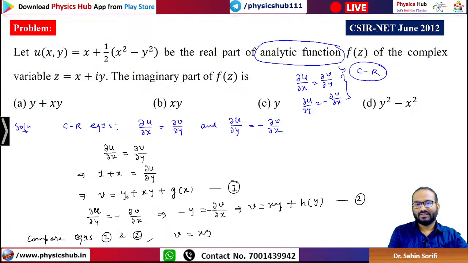Here it says that y will come, and here it says that there will be something which is a function of y. Y is there. Now, in 1 there is no x component, but in 2 the x component is there. So, we can conclude that g of x is 0.